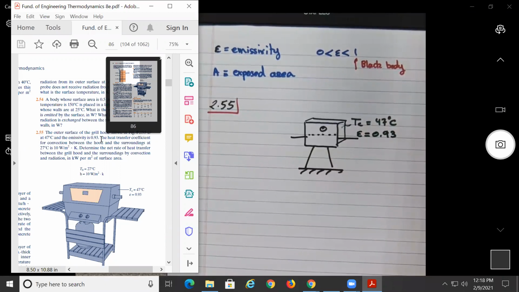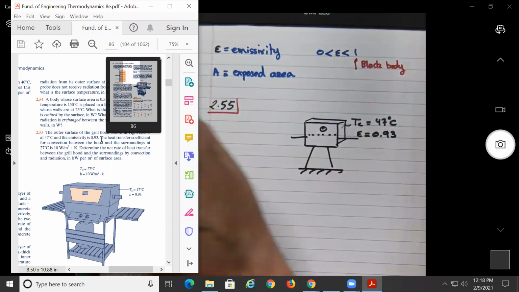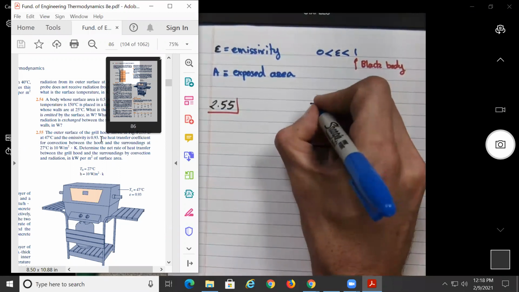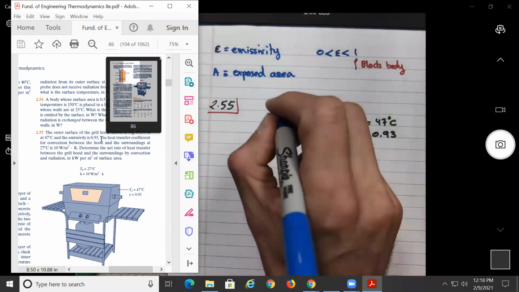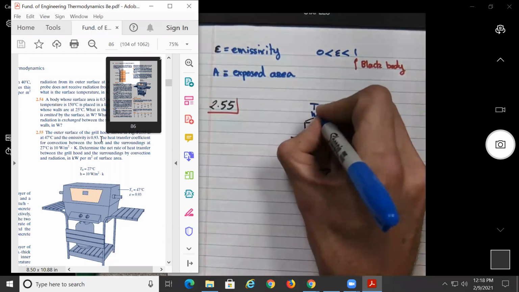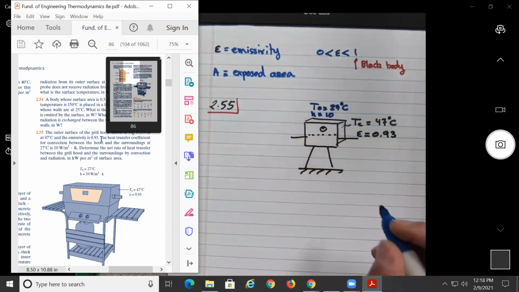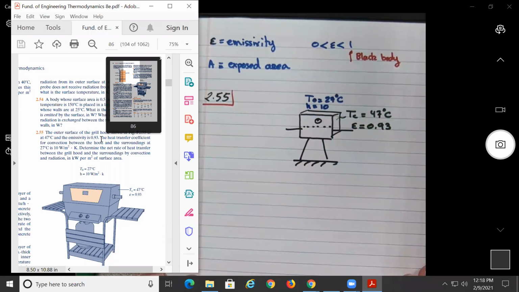Then what do we know? The temperature of the surrounding air, T sub naught, is 27 degrees Celsius, and the convection coefficient H is 10 watt per meter square Kelvin. I don't have space, so I'm not going to put it.